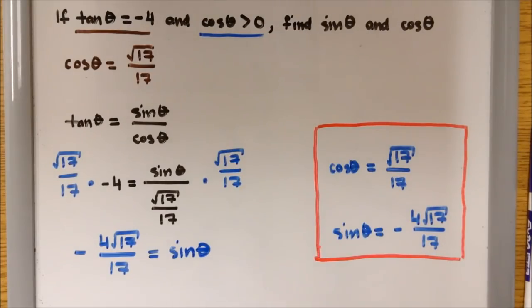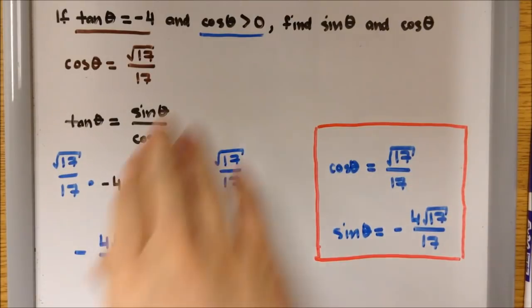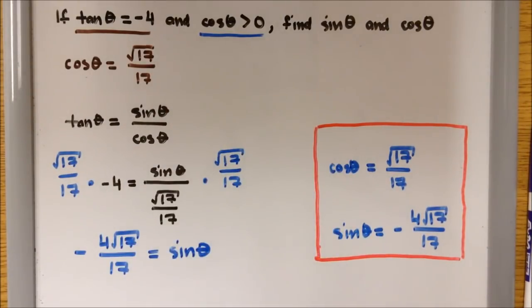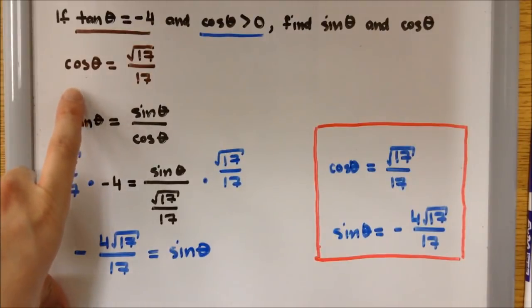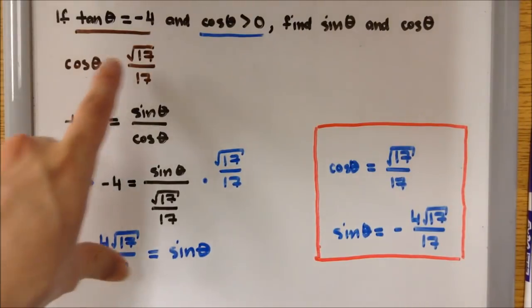But keep in mind, cosine theta was positive, so we used the reciprocal identity, which was cosine theta equals 1 over secant theta. Since cosine is positive, we only use the positive square root of 17 and not the negative square root of 17. Doing so helped us find the value of cosine theta, which was square root of 17 over 17.